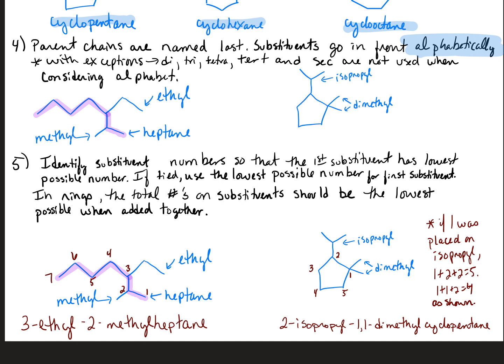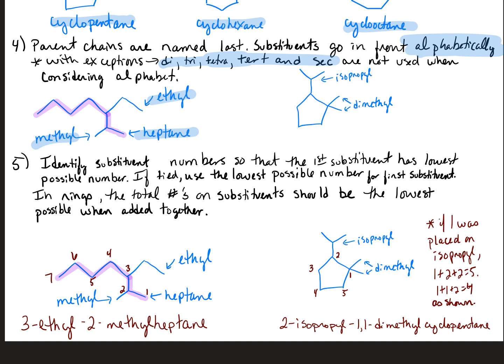So there's some exceptions here on the alphabet, though. When you have something like di, tri, tetra, things like that, or if you have tert and sec, because those are in italics, that's sort of how you can tell that those are the two things that we're not going to use. They are not used when considering the alphabet. So if we have a methyl group, an ethyl group, and a heptane, heptane's going to come at the end.